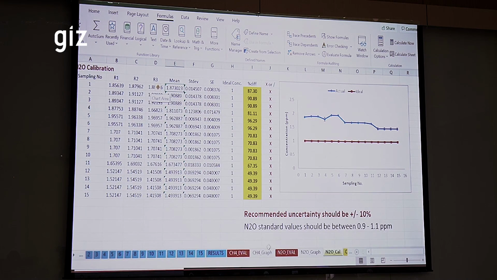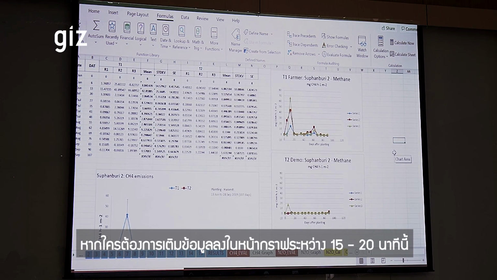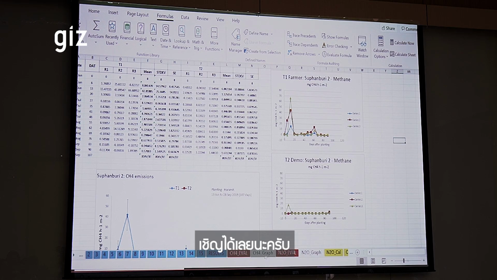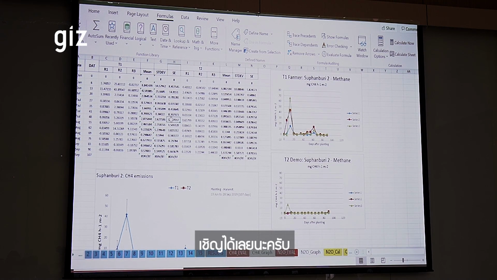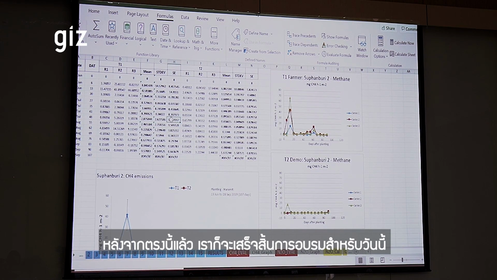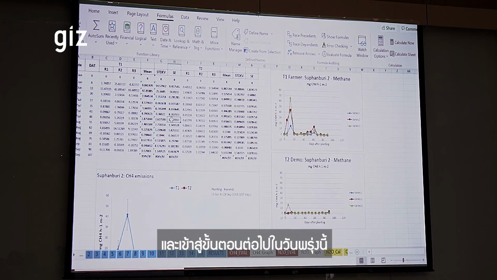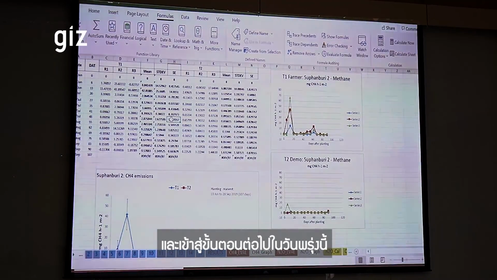So, okay, so far, if you want to, in the next 15 or 20 minutes, fill in the graph pages and see the graph pages, that's fine. And I would suggest after that we finish for today, and the next steps come tomorrow.